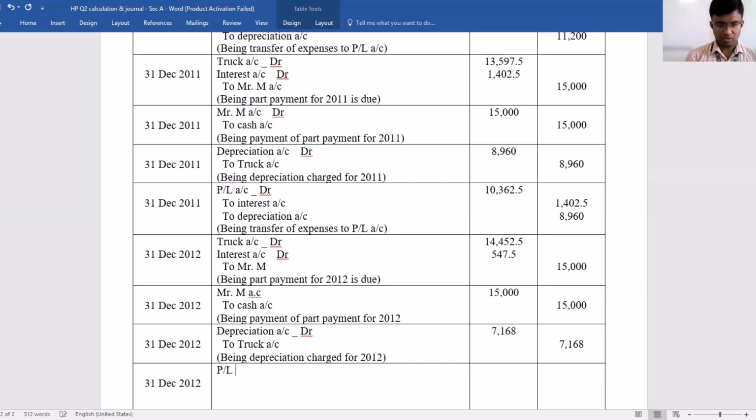Then finally, on 31st December 2012, you have to transfer all your expenses to the profit and loss account. So which are the expenses we have to transfer? Interest account, interest is 547.5, and depreciation account 7,168.